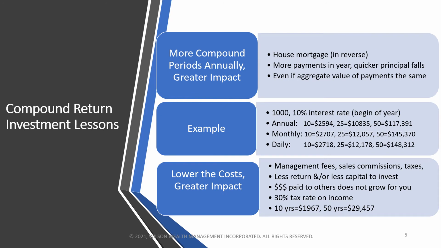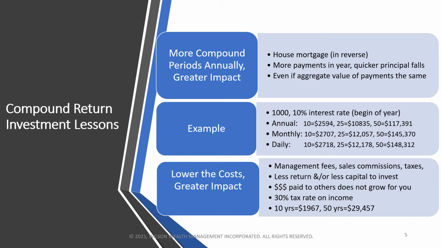Another lesson is that the more compounding periods you have in 1 year, the greater the impact. You can think of this like a home mortgage in reverse. So if you have a mortgage, you probably know that the more payments that I make in a year, the faster the principal on the loan falls.